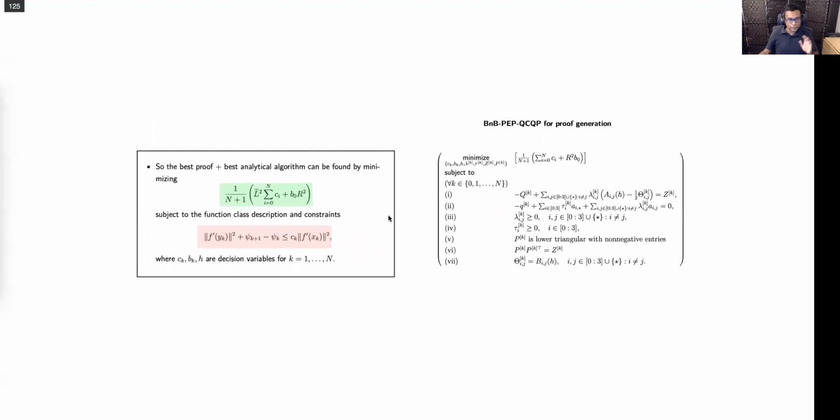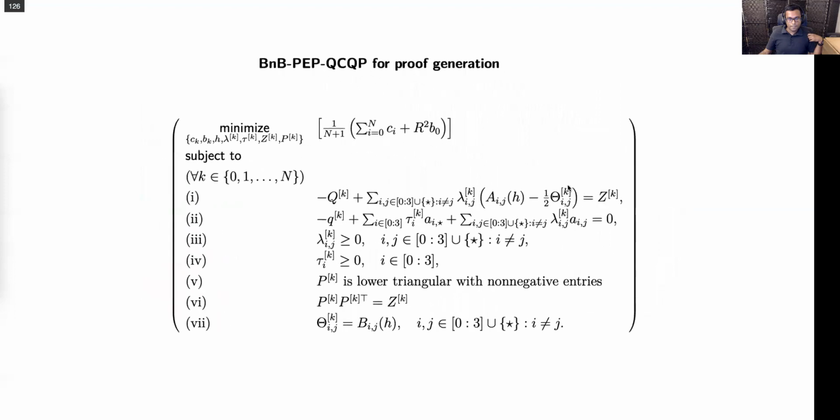Okay, so we encode these things very similarly, using the recipe that I discussed earlier, and it leads to a BnB-PEP QCQP again. One nice thing about this BnB-PEP QCQP compared to the generic worst-case performance measure minimization is that here, if we look carefully, certain constraints are repeated over all the iterates.